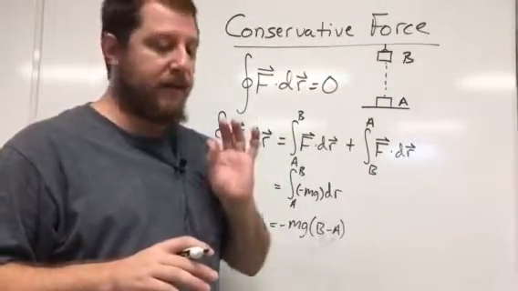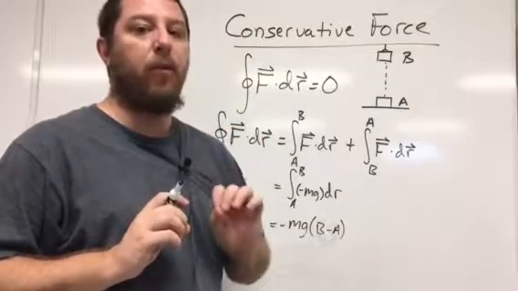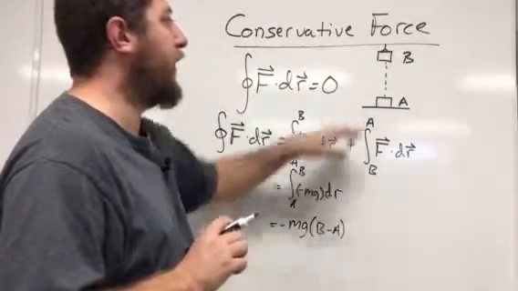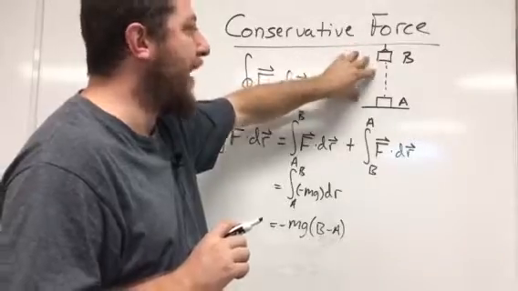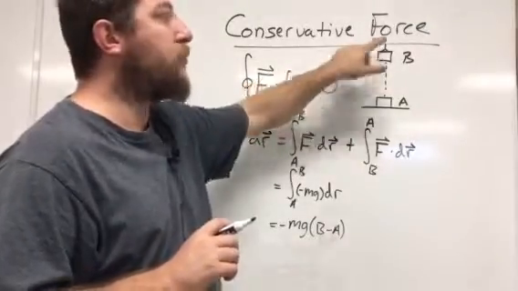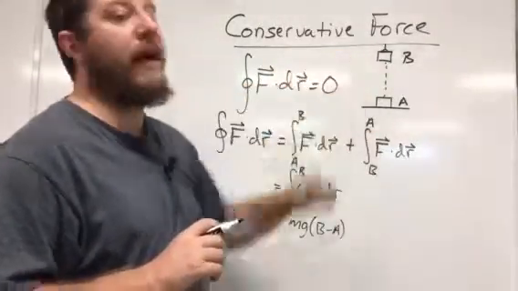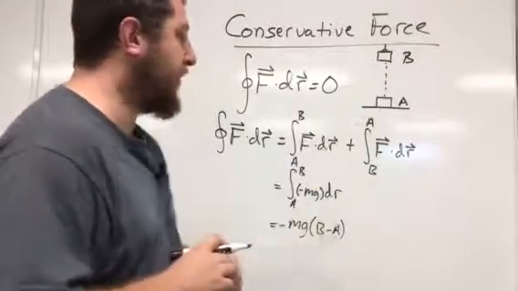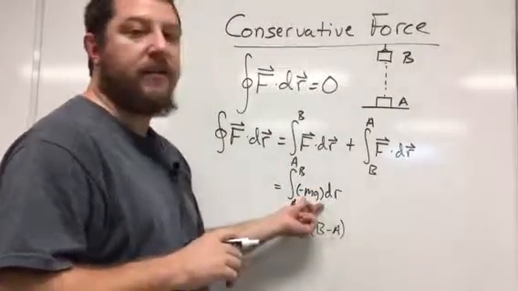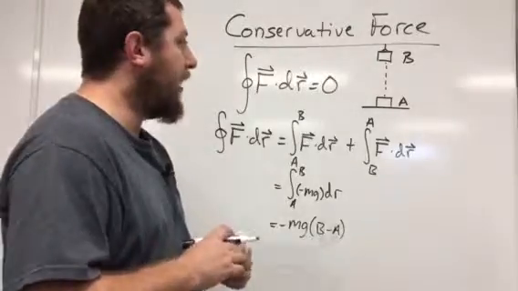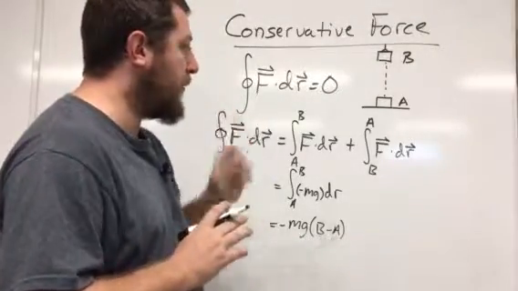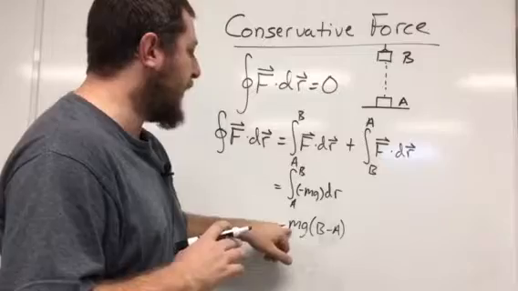That is an explicitly important point. We're talking about the work that gravity has done as the object is lifted. Gravity is always a downward force, and if we have a positive coordinate system upward, then we're always going to have this minus sign.